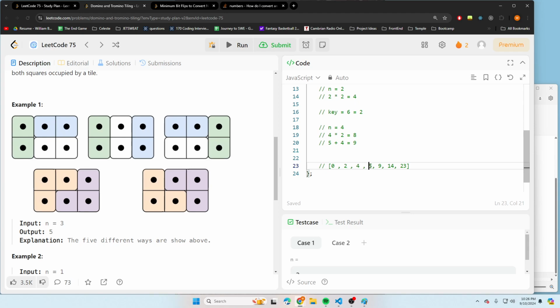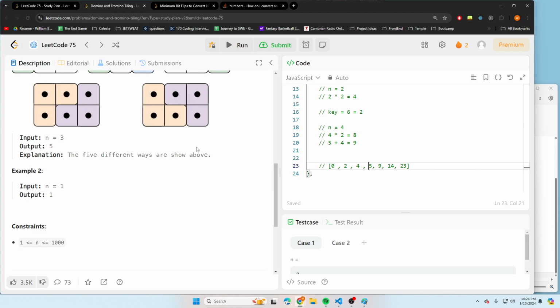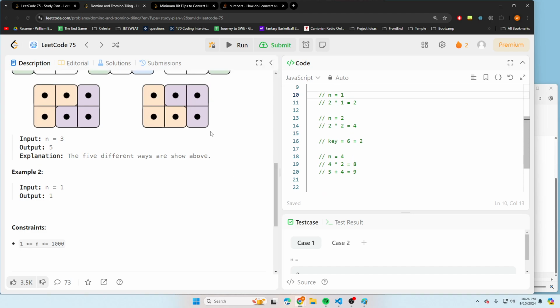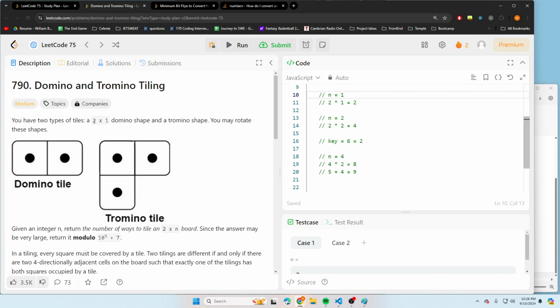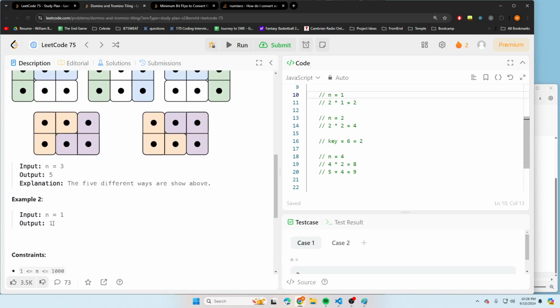One, two, three. Is that 5? N equals 1 is 1. Huh? N equals 1, how is it 1?